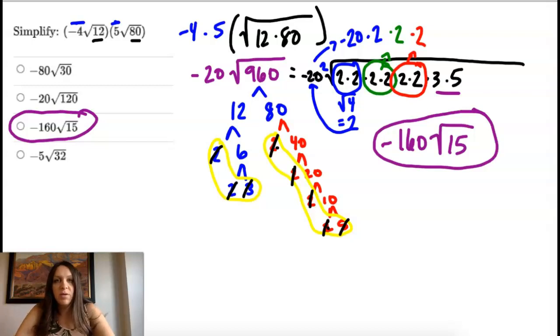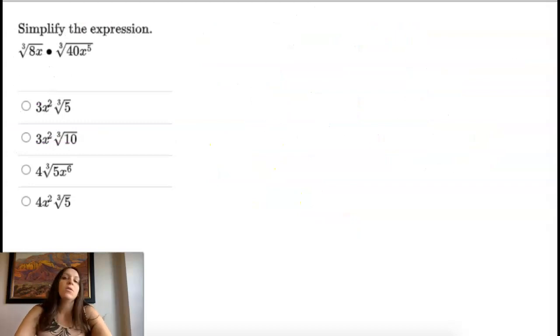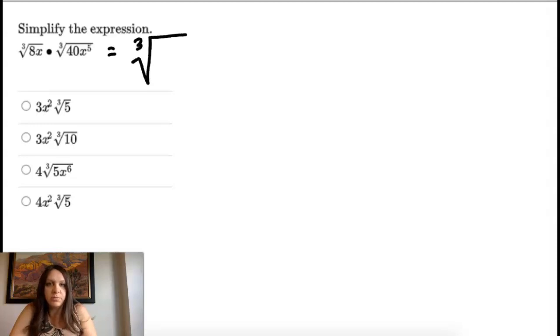Okay, so when we multiply radicals, I'm going to do another example. We multiply the outside and the inside. So for this example, there's nothing on the outside, but we're going to make one cube root, and we're going to multiply the numbers. So 8 times 40.